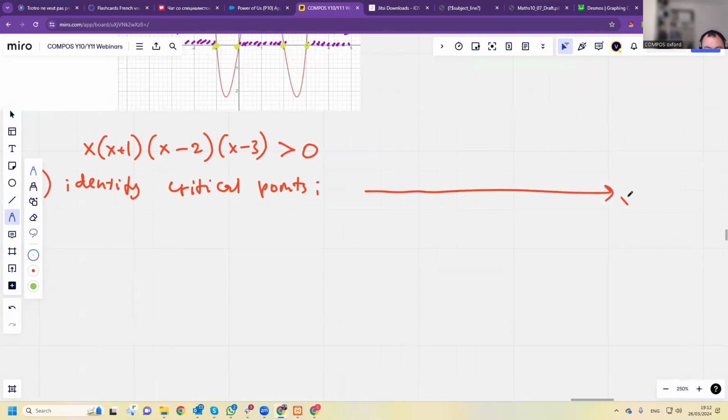So here's your straight line. And the critical points are -1, 0, 2, and 3. So these are the points where something happens.